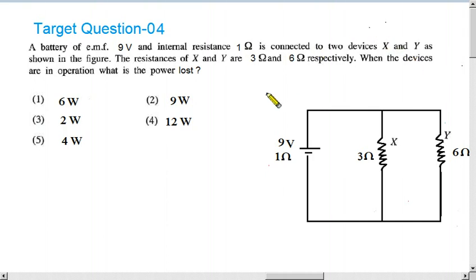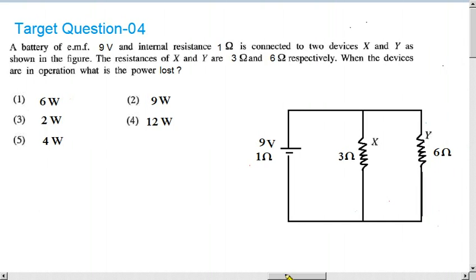Now read the question carefully and start to do the calculation. Pause the video, honestly do it.